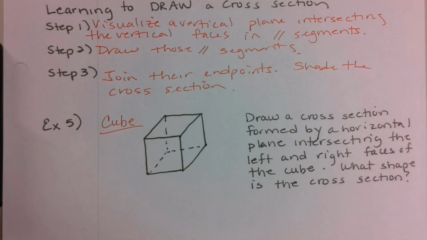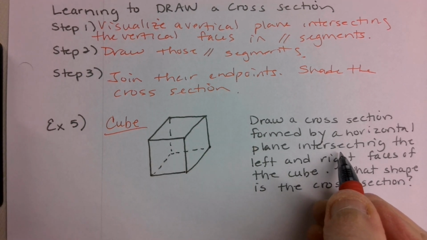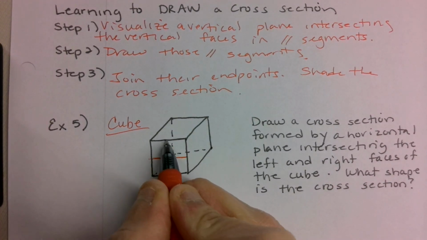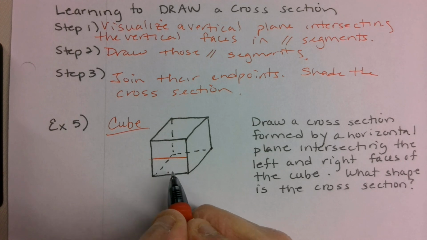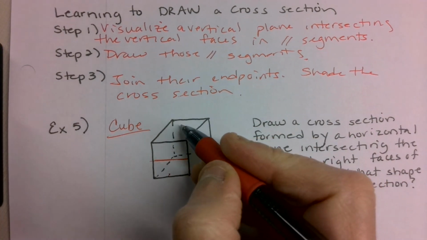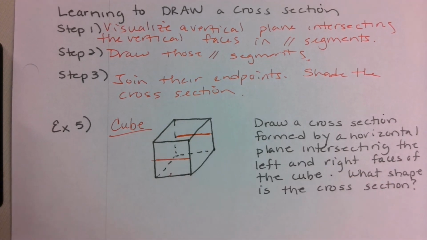Now, in order to draw it, if it's horizontal, we want to draw the horizontal lines parallel to these. Now this is about halfway between them, so I'm going to go on this back face right here and go about halfway between and draw another one.